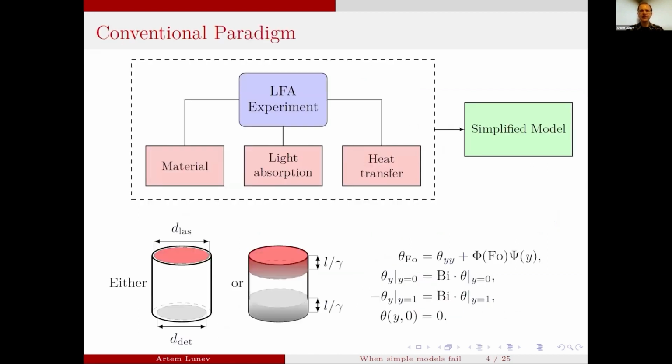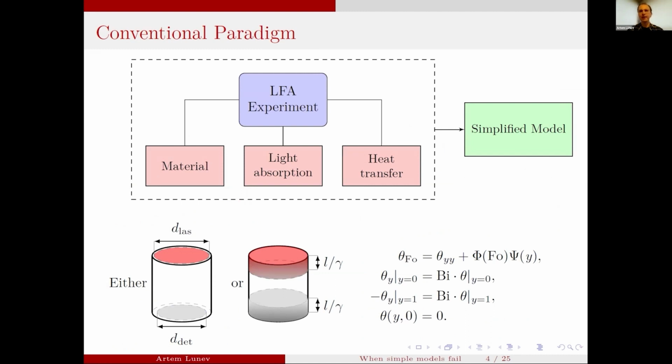I'd like to start by introducing the conventional paradigm in laser flash analysis. Whenever you have a conventional LFA experiment, you have the material which you want to measure. You're looking at some thermophysical properties of the material, most often the thermal diffusivity.